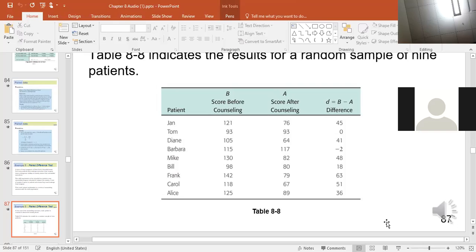If you have your data in Excel, you go to Data, then Data Analysis. Go towards the end and choose t-test: paired two sample for means.